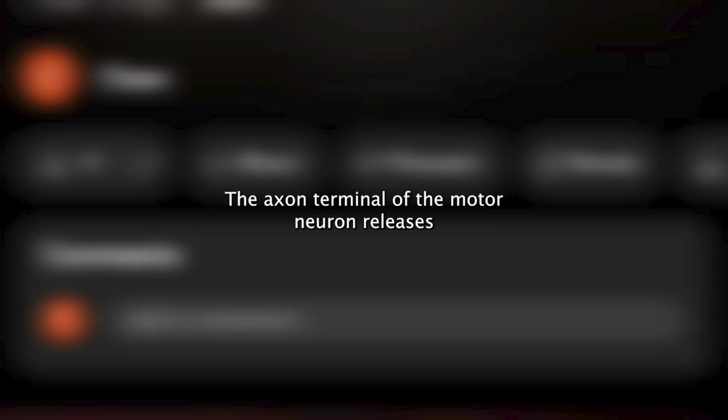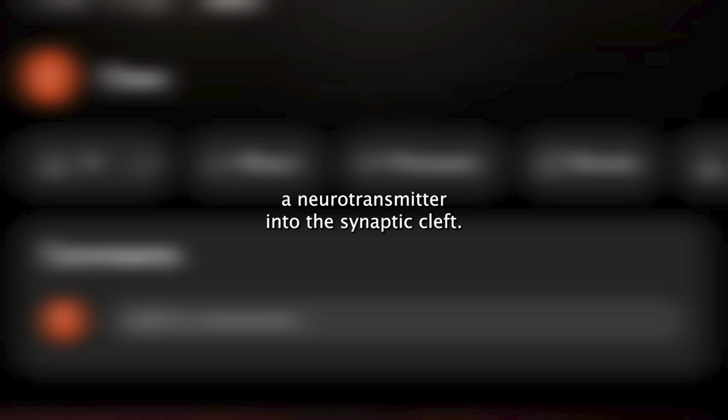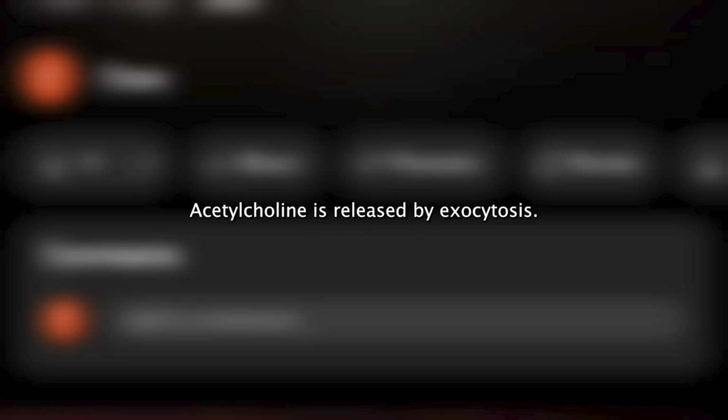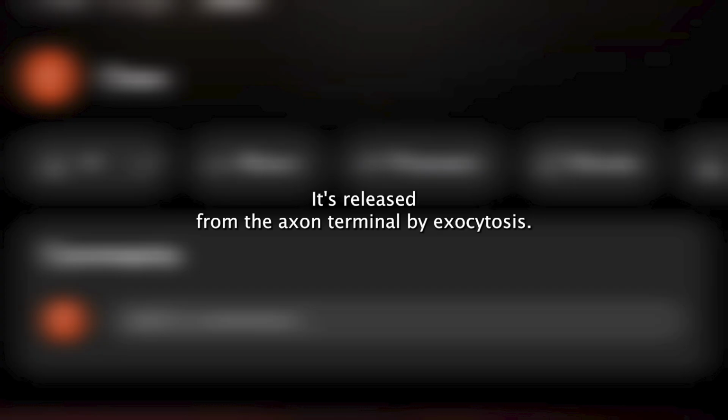The axon terminal of the motor neuron releases a neurotransmitter into the synaptic cleft. The neurotransmitter is acetylcholine. Now, acetylcholine is released from the axon terminal by exocytosis.